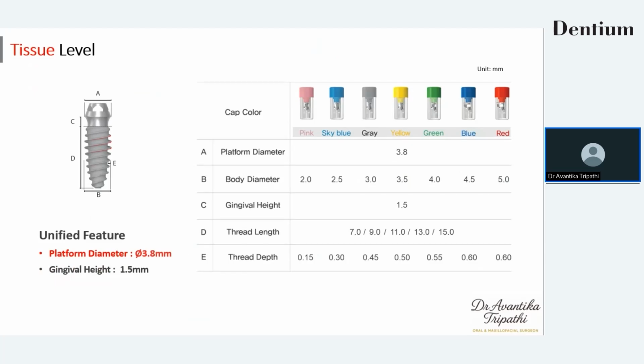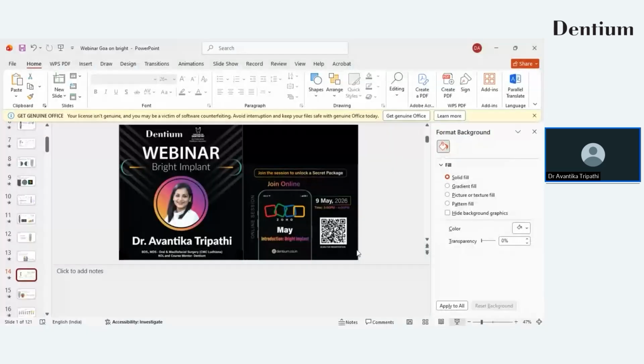This tissue level implant is mainly created to allow placement in very, very thin diameter bone, especially in the lower anterior region or in the upper anterior region where the bone is very thin and we need to do bone grafting or ridge expansion in those cases. To avoid any secondary procedure, we can simply place a thin diameter 2 or 2.5 mm implant without doing any additional surgery. Lengths available are 7, 9, 11, 13, and 15.